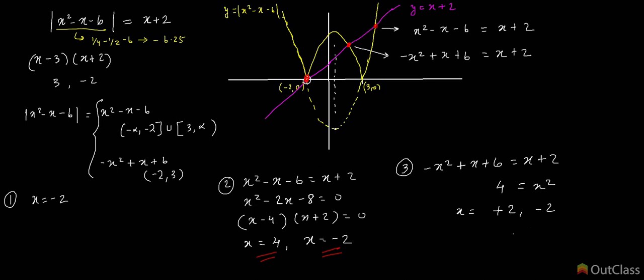That is why it gets repeated. And x is equal to plus 2 is the third distinct root. That's your 2, that is your 4, and that's your minus 2. These are the three distinct roots, and so the answer is the product, which is minus 16.